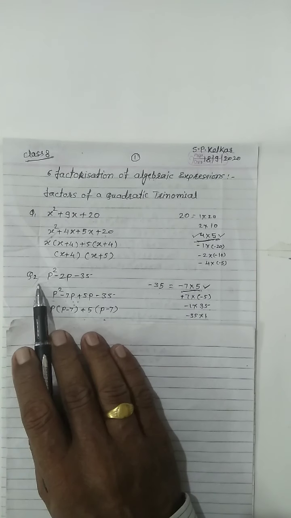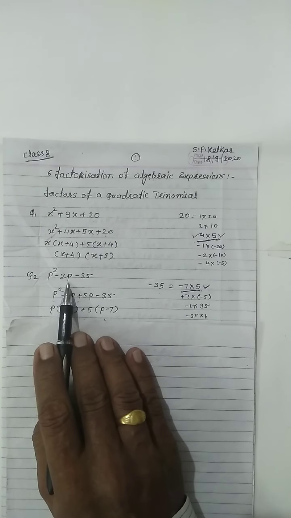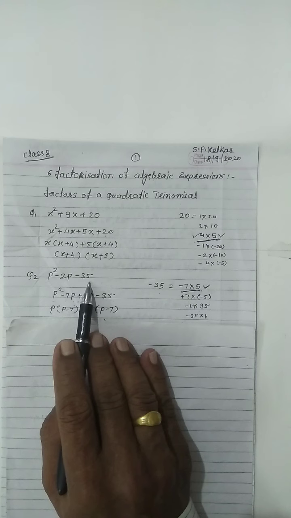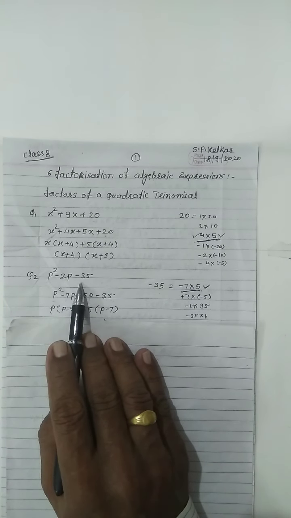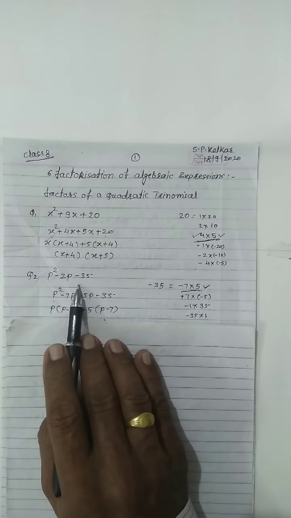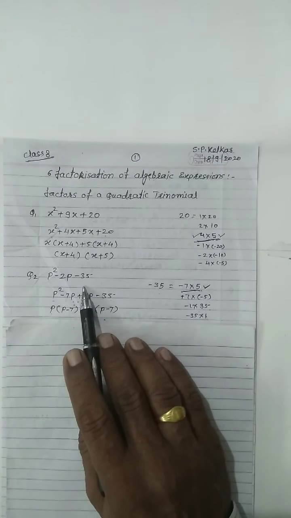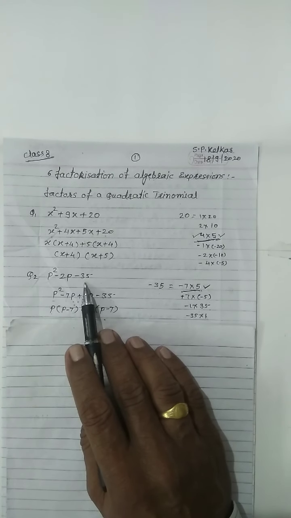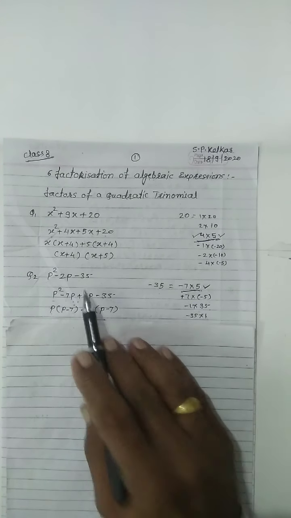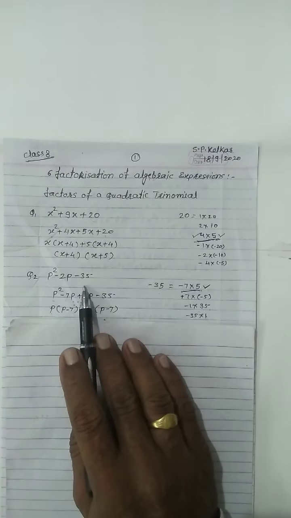Now see the second example, p square minus 2p minus 35. Now factorize this minus 35. Again, in these factors one factor is always negative and the other is positive. The product of these two numbers is the constant term minus 35.